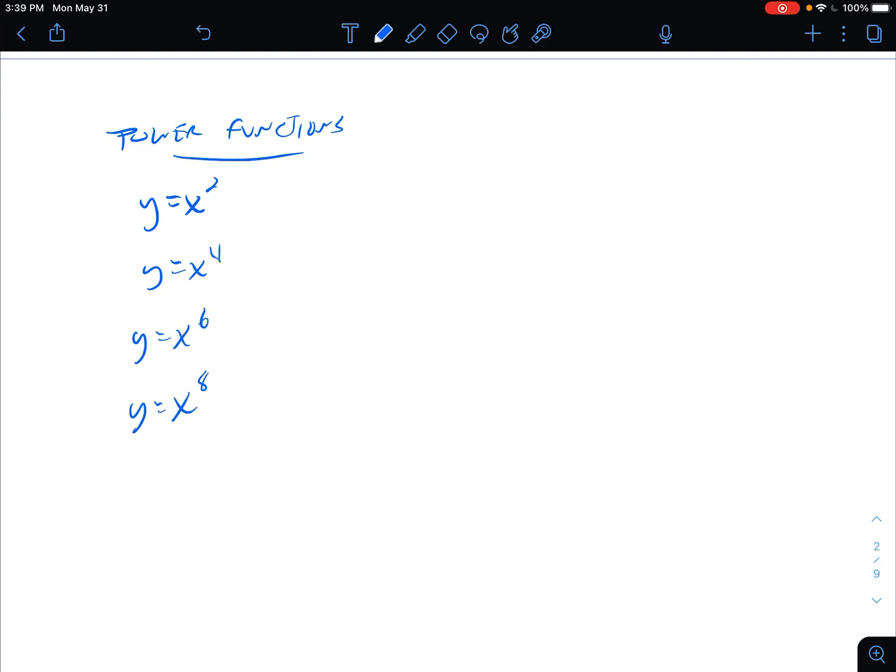Just worth knowing, the building blocks of polynomials are what are called power functions. If I take really dull things like y equals x squared, y equals x to the fourth, y equals x to the sixth, y equals x to the eighth, etc., basically all of these are even positive powers.